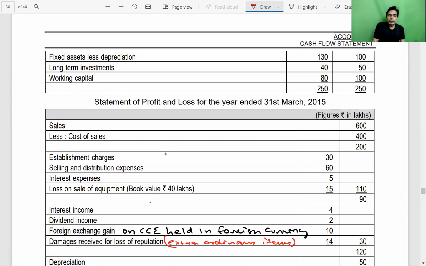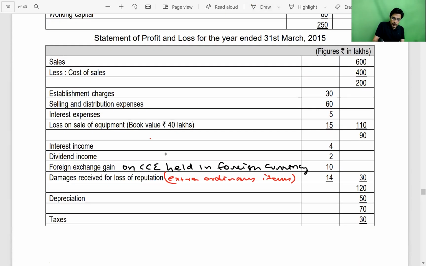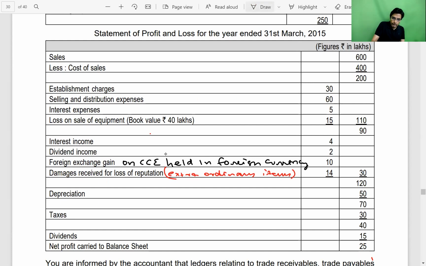Then they have given us fixed assets. From 100, the fixed assets has become 130. So if you prepare one fixed asset account, opening balance is 100, closing balance is 130, and during the current year, depreciation is 50.